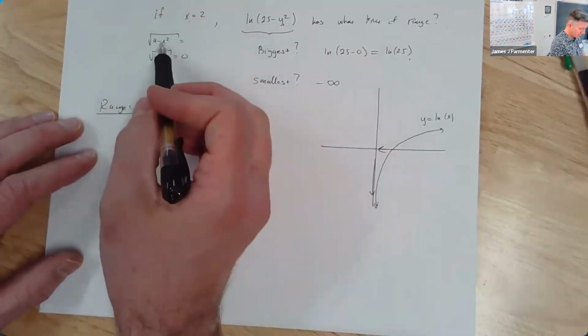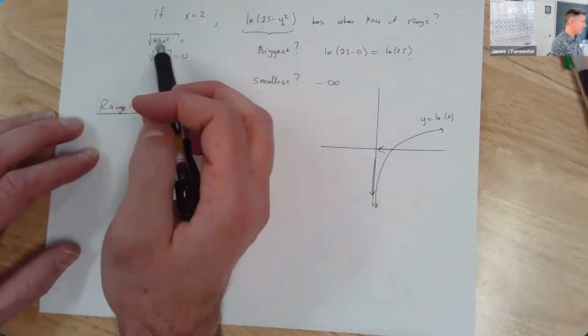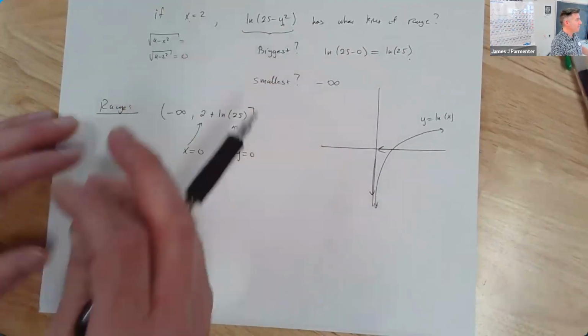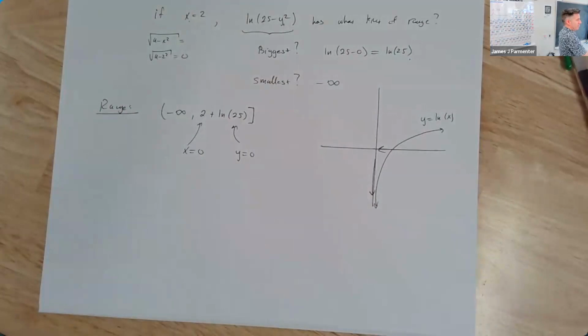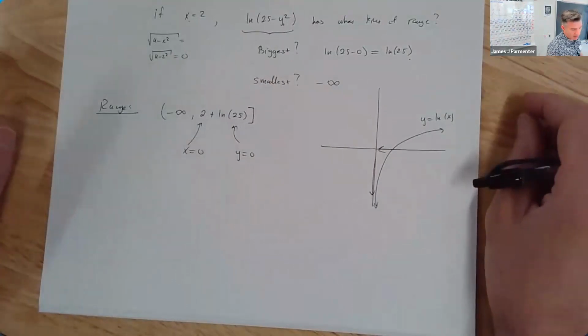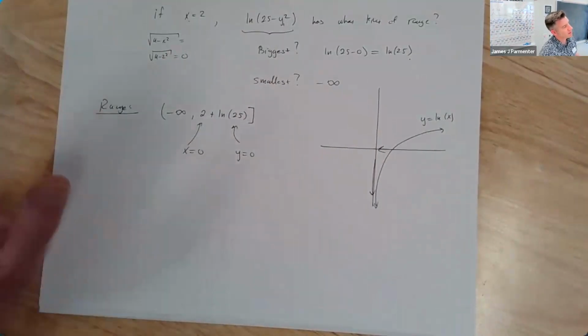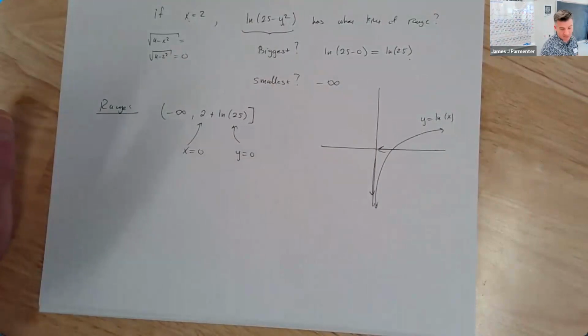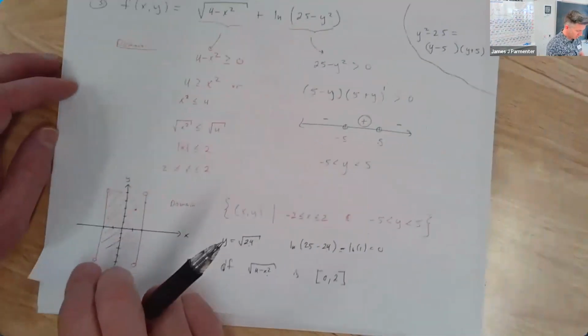And this other piece, independent of that, can go as low as 0 and as high as 2. So I can go all the way down to negative infinity plus 0, and all the way up to 2 plus natural log of 25. Kind of weird. I know it's maybe not the best one. For this problem, we should probably not focus so much on the range, but definitely the domain here was something worth looking at.